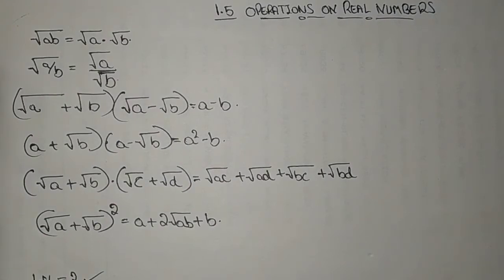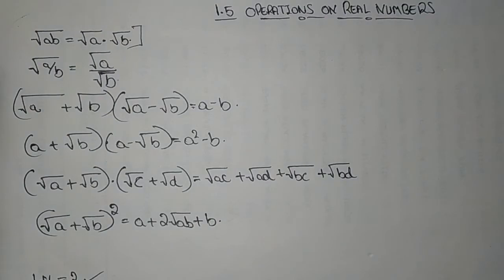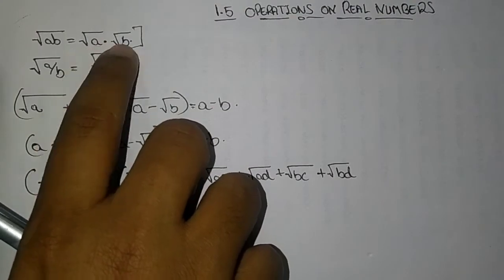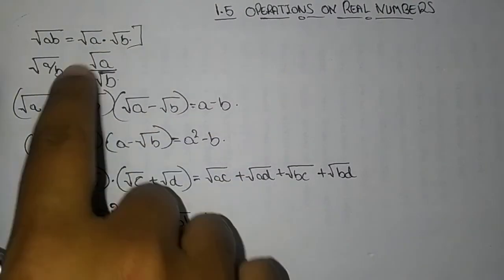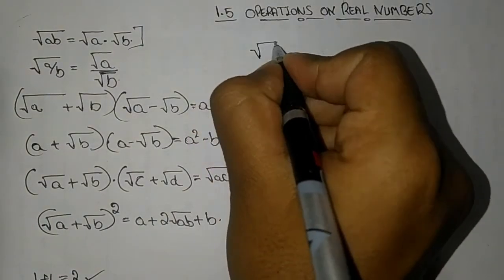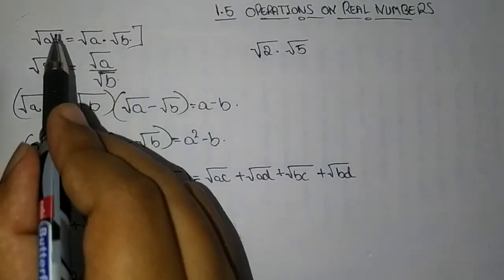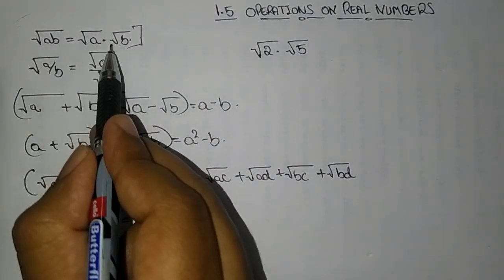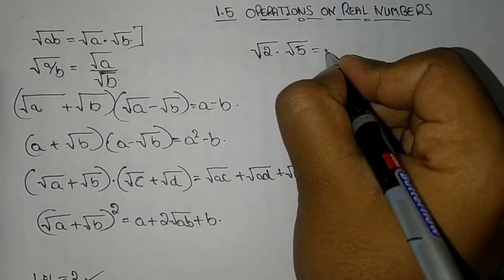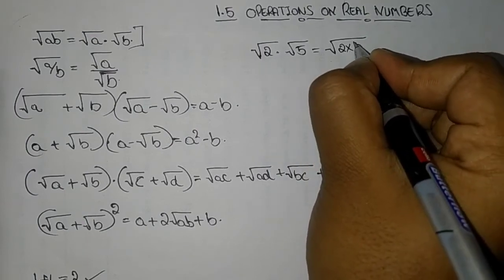Let us start with the first thing, this one. These things work only when there is a multiplication between two square-rooted numbers. I will show you an example. This is root 2, then this is root 5. According to this equation, this is equal to root of a into b, where b is 5.